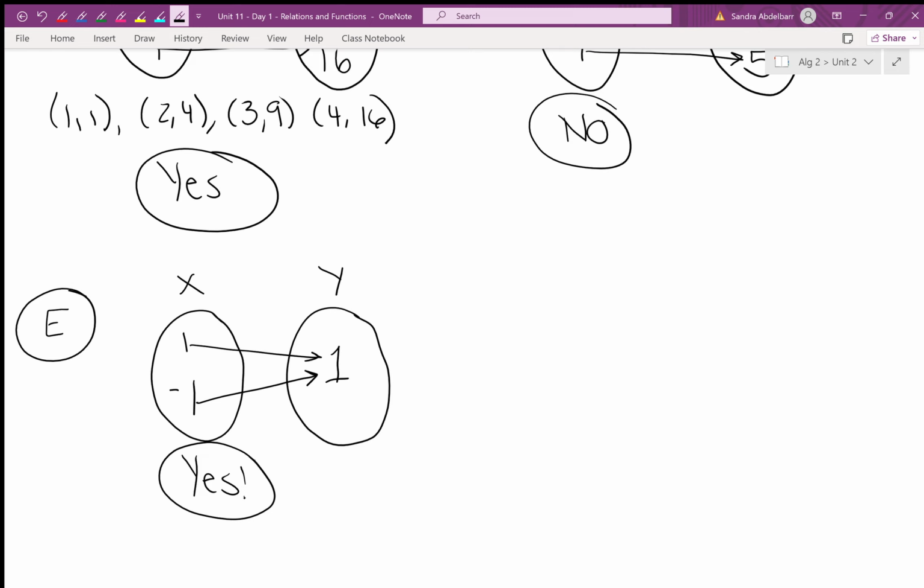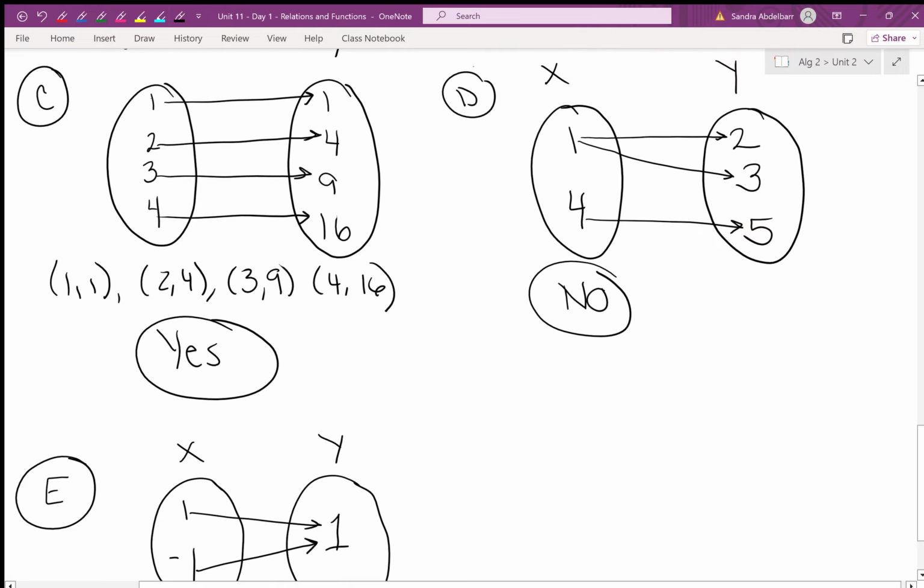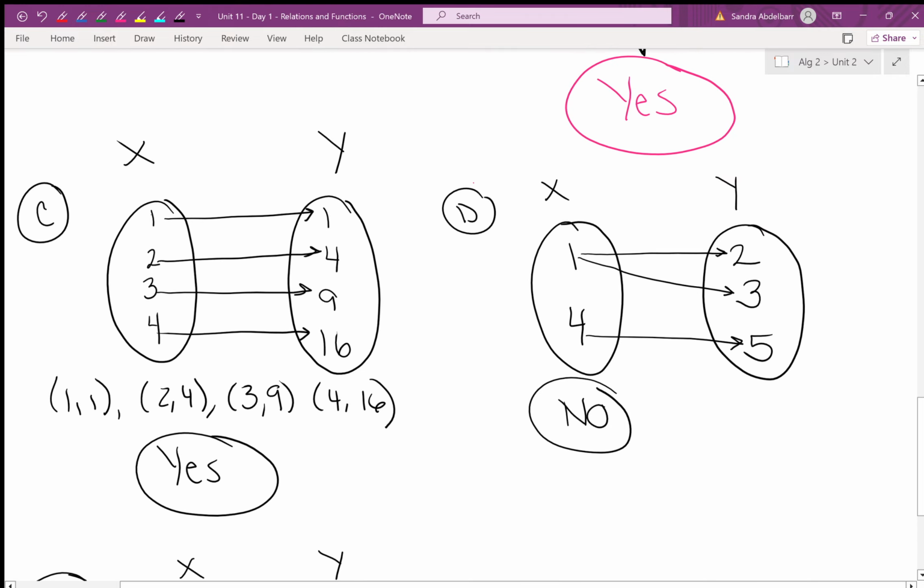Every single person can only have 1 date of birth, but multiple people can share that date of birth. That means we can have multiple Ys, X is going to that Y. Like me and Navia, we have the same birthday. We're 2 different people both being born on the same day. That's okay. But what we can't have is Miss Abdelbar being born on the 2nd and then also being born on the 3rd. Can't happen.